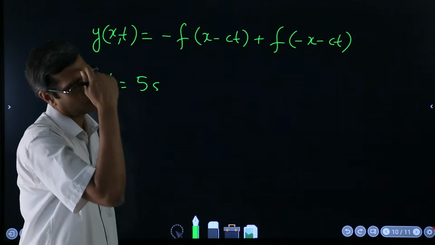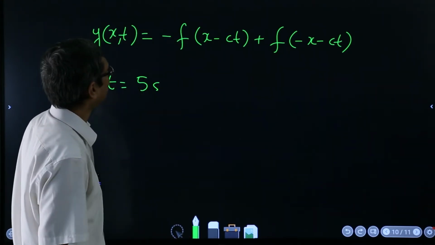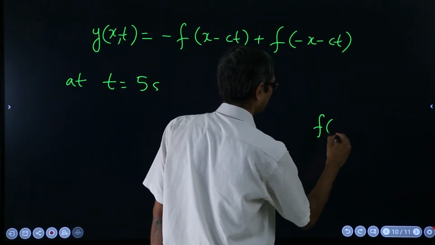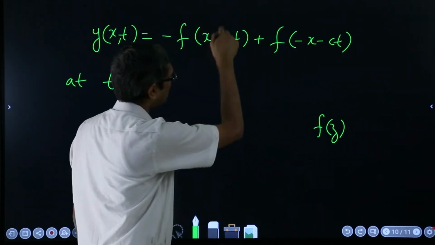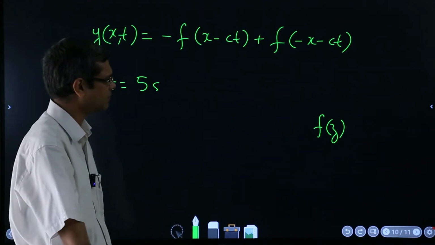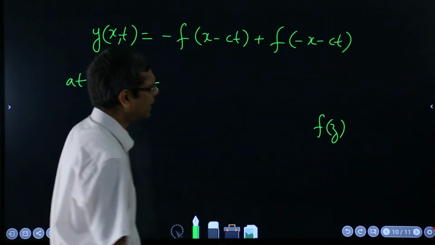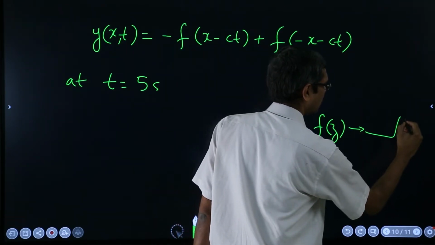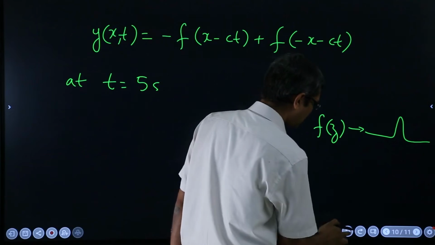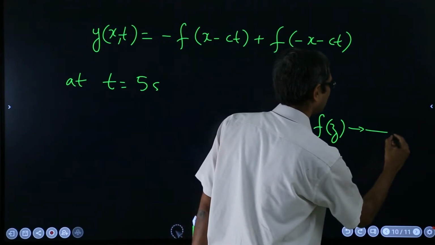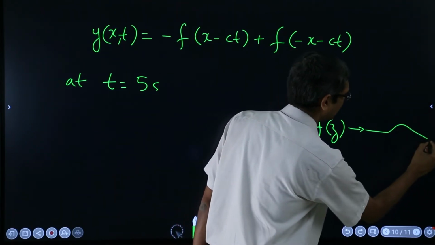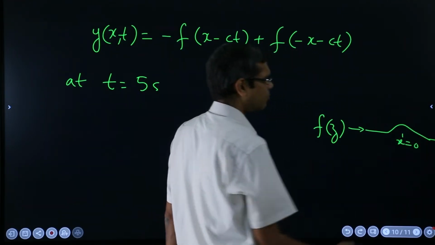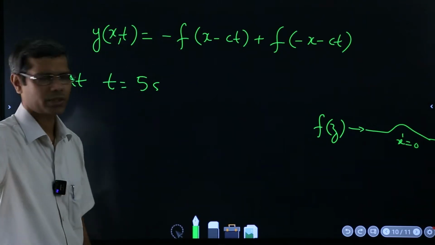Try to imagine that f(z) is a function whose argument is z, and it has a peak at z = 0 and tapers down there.